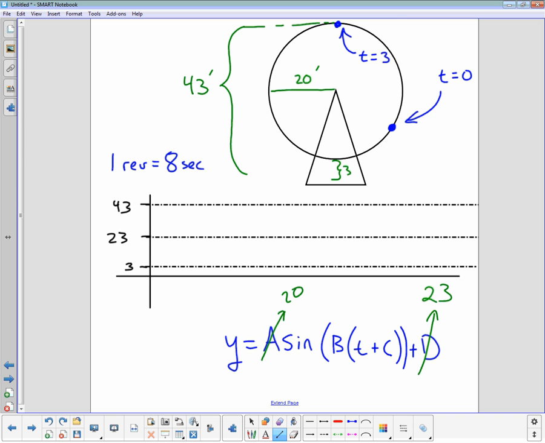Now, if it takes me 8 seconds to go a full cycle, what does that represent? Period. So the width of a wave is going to be 8 seconds. That is 8 seconds.